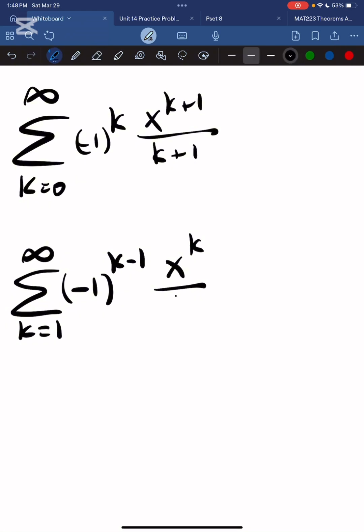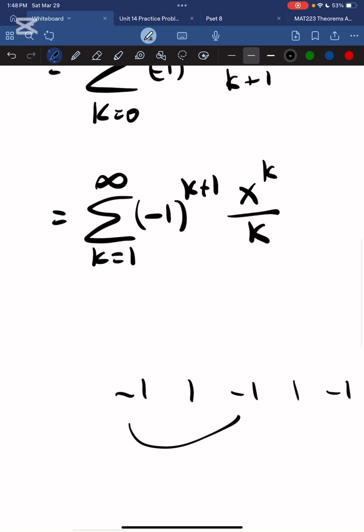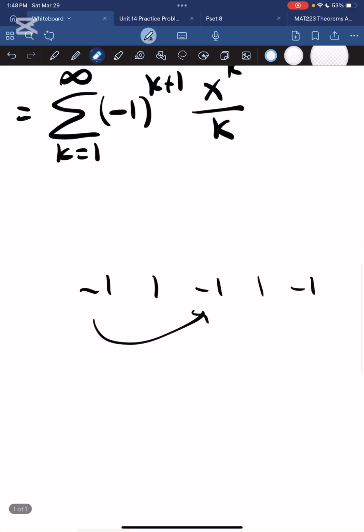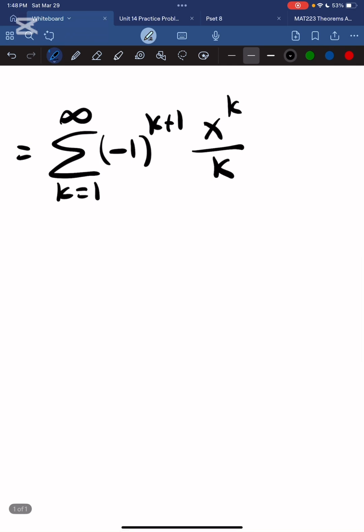Which is just k. And would you agree that negative 1 to the k minus 1 is the same as negative 1 to the k plus 1, right? Because minus 1 multiplied by itself alternates for every even and odd number, meaning that minusing 1 and plusing 1 end up with the same number here. So we can write that as k plus 1.